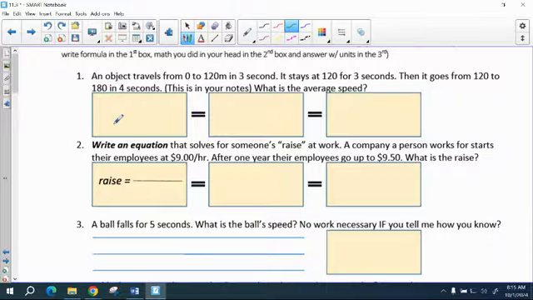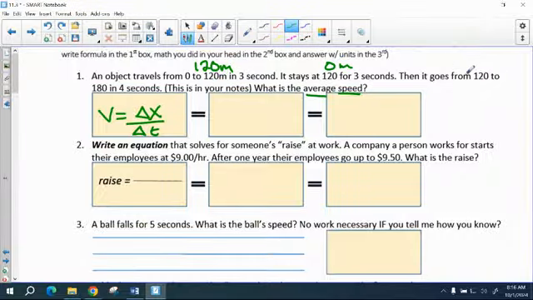So the first thing I've got to do is, it says, what is your average speed? Well, remember that your average speed, oh wait, this is the homework. No, it's different. So the average speed is the change in position over the change in time, right? What is the average speed? So from here to here, it goes 120 meters. And then it stays at this, so it goes 0 meters.